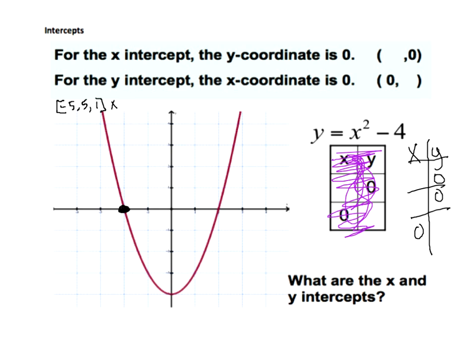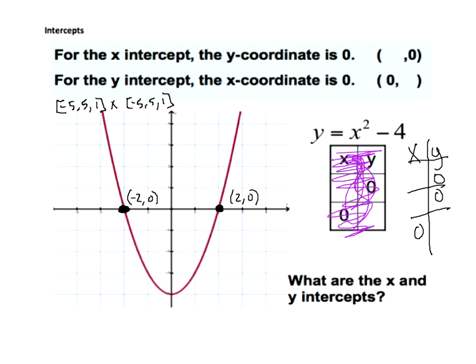So same thing this way, negative 5 to 5, counting by 1s. All right. So we have an X-intercept here of negative 2, 0, and an X-intercept here of 2, 0.